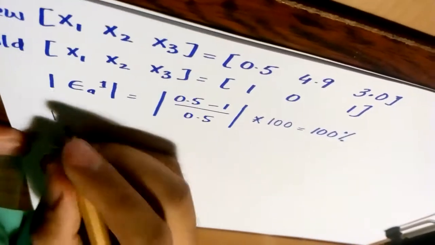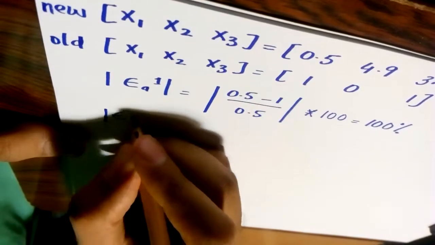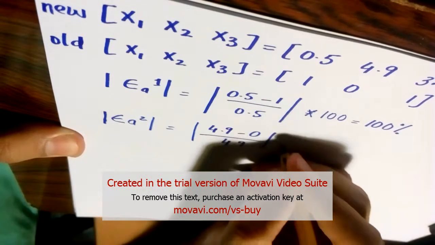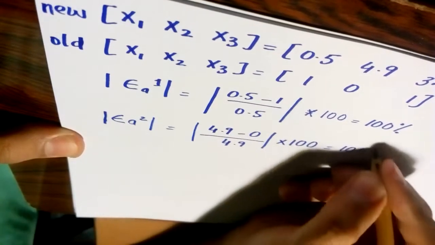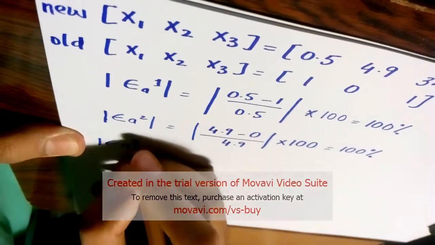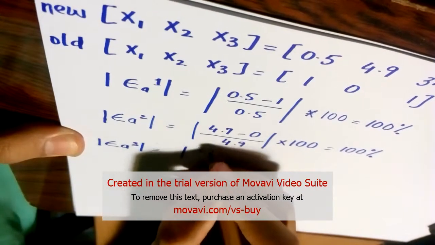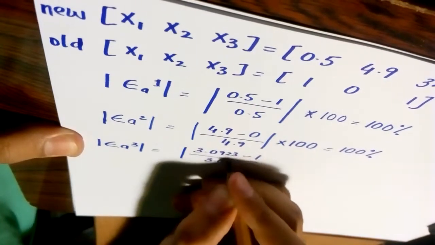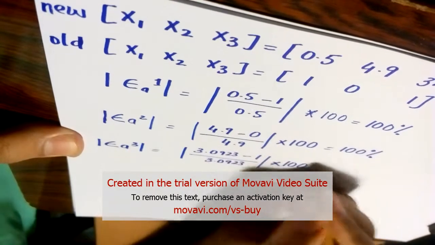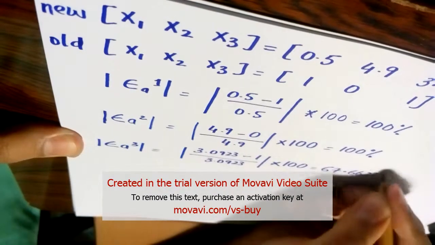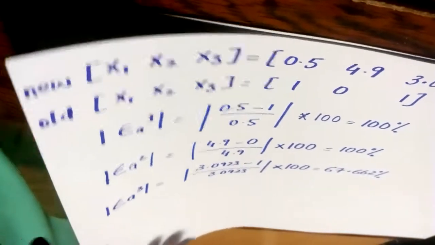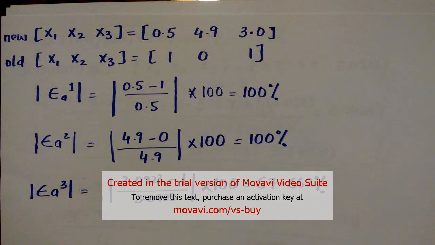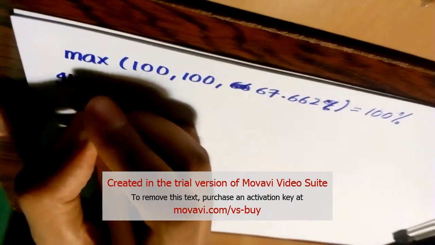A1 is 100%, A2 is 100% also, and A3 is going to be 67.66%. You can perform these calculations using your calculator. I did these calculations by using my scientific calculator.